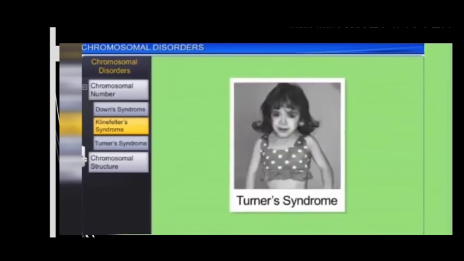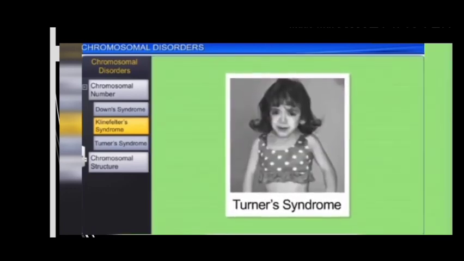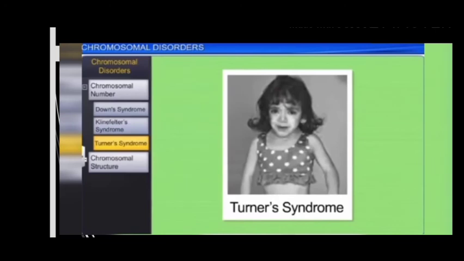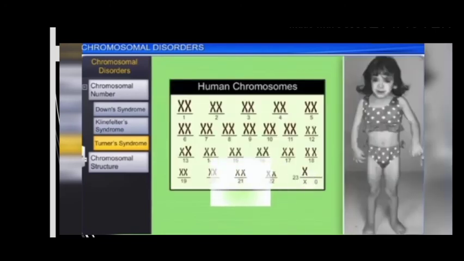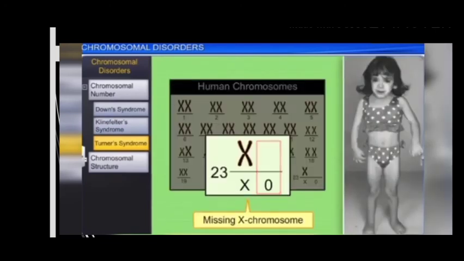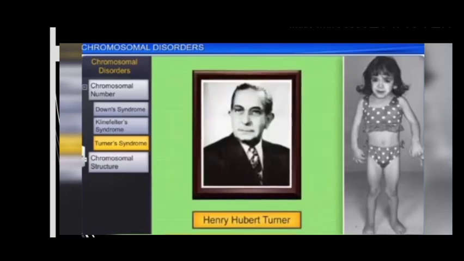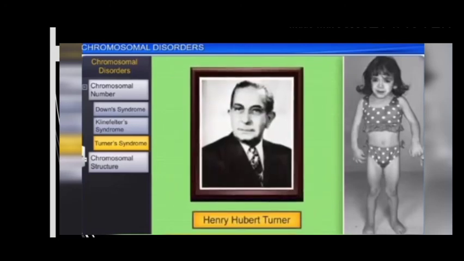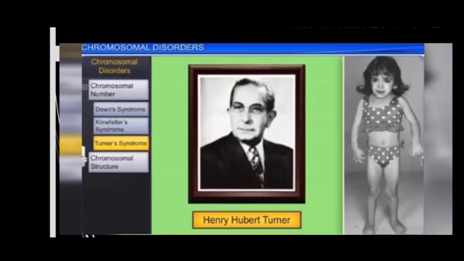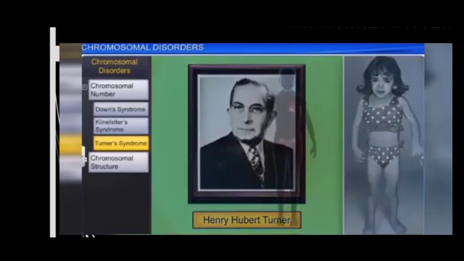Another disorder caused due to changes in chromosome number is Turner syndrome, where one of the X chromosomes is absent in females. Chromosomes in these females will be 45 with XO. The syndrome is named after Henry Hubert Turner, an endocrinologist who first described it.